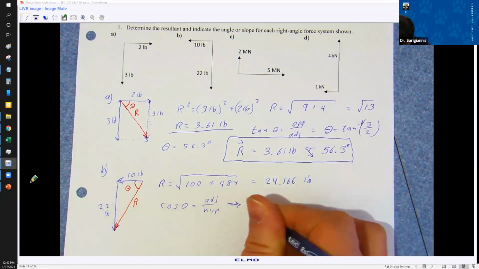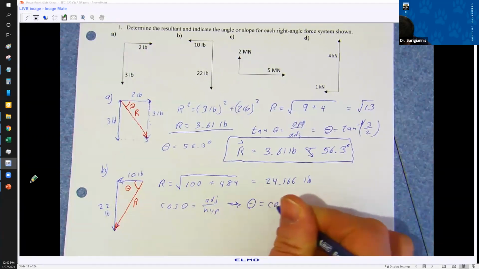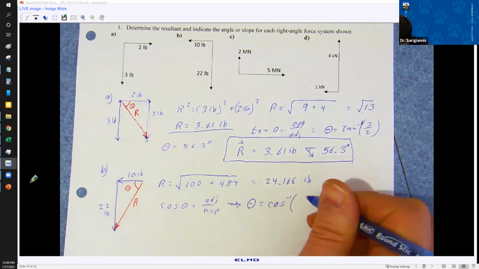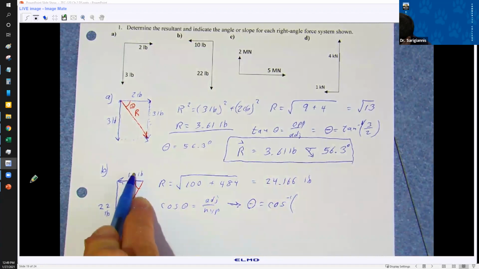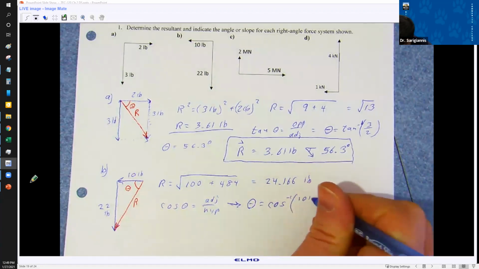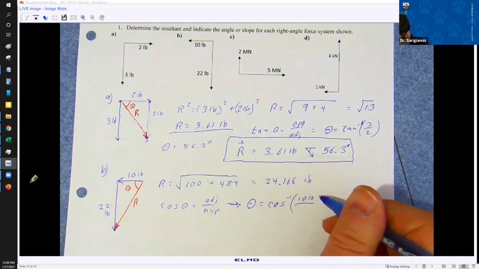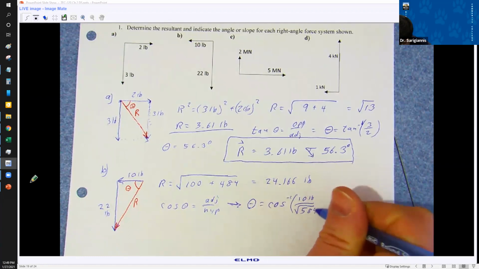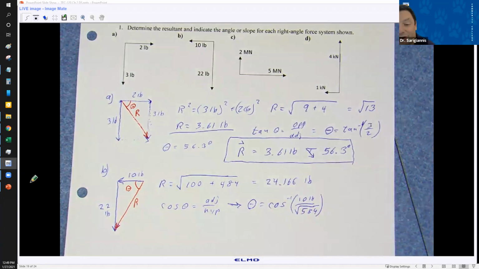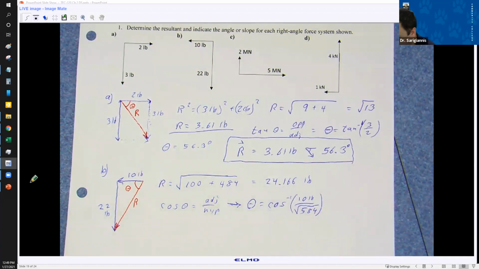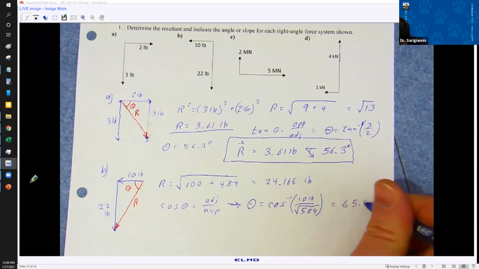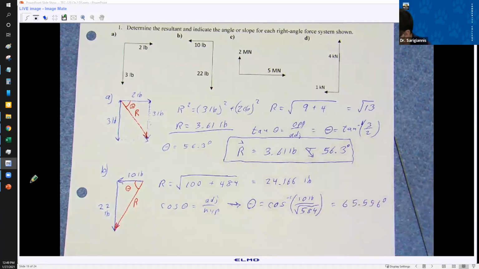So the theta is going to be the inverse cosine of adjacent, which in this case, for theta, is 10 pounds, over the square root of 584. When you're doing this with a calculator, it's good to carry more decimals. You could stick in the 24.166. And you wind up with theta equals 65.556 degrees.